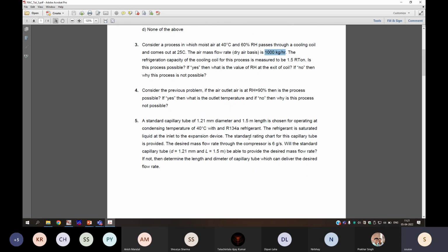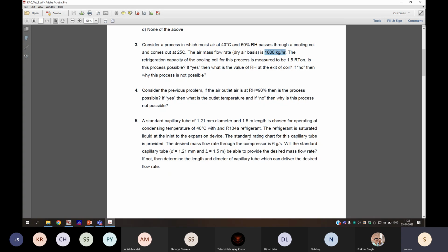A standard capillary tube of 1.21 millimeter diameter and 1.5 meter length is chosen for operating at condensing temperature of 40 degrees C, with something missing, with R134A as refrigerant. The refrigerant is saturated liquid at the inlet to the expansion device.